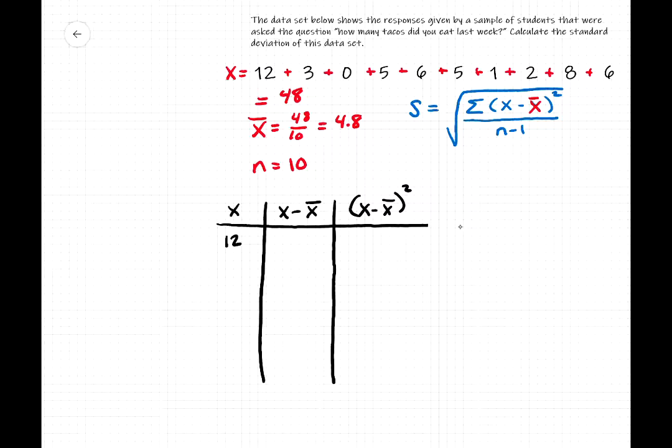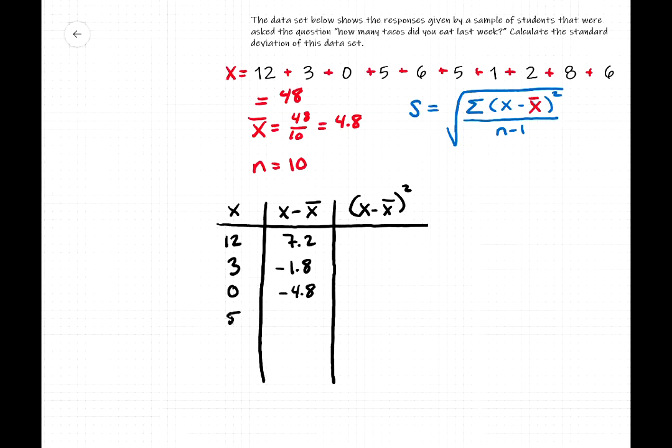All right, so first number is 12. 12 minus 4.8 is 7.2. Next number, 3. 3 minus 4.8 will be a negative 1.8. And you can do this on the calculator if you like. The next x value of 0. 0 minus 4.8 should be minus 4.8.